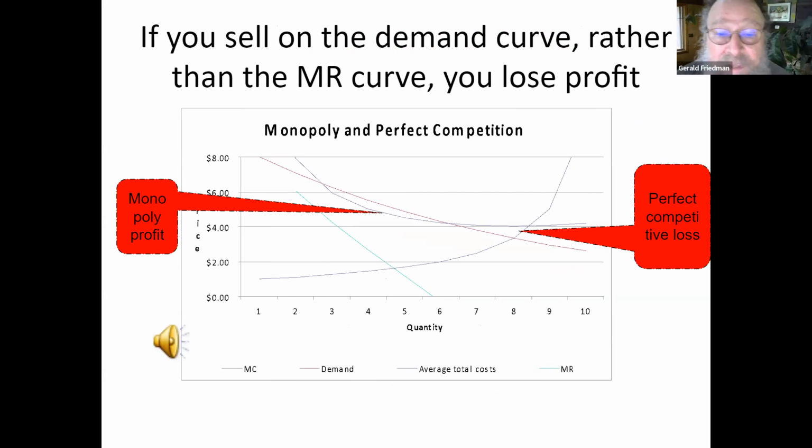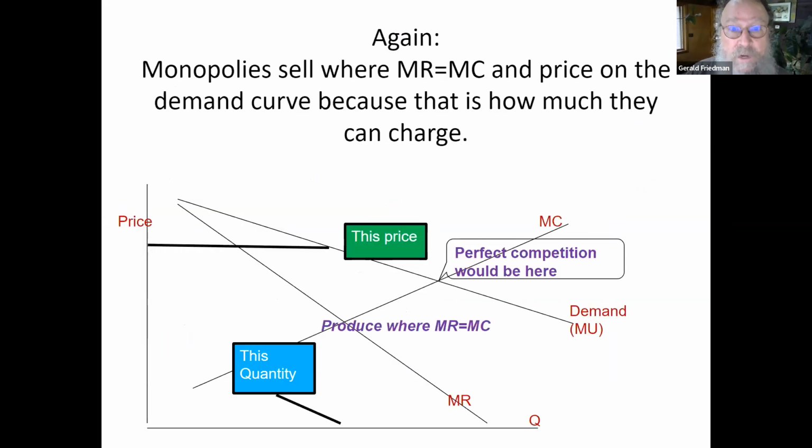You're only getting a certain marginal revenue, and you think you're getting all that higher price, so you're going to be producing higher up your marginal cost curve than you should. And you're going to be losing money. If you produce at the perfectly competitive place, you're producing at a marginal cost way above your actual marginal revenue.